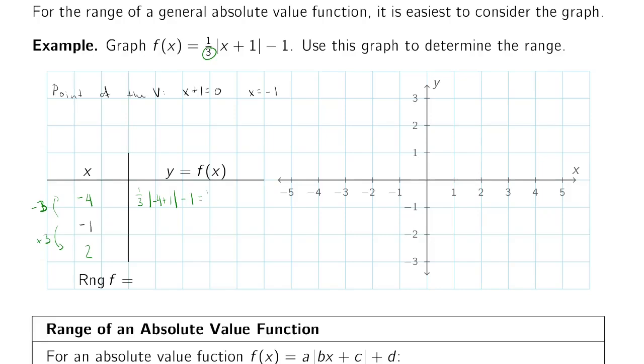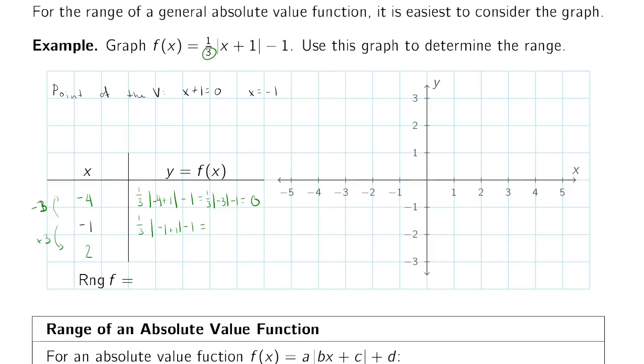So that'll be 1/3 absolute value of negative 3, minus 1. Absolute value of negative 3 is 3. A third times 3 is 1. So we'll just have 1 minus 1 is 0. Then a third absolute value of negative 1 plus 1, minus 1. So negative 1 plus 1 is 0.